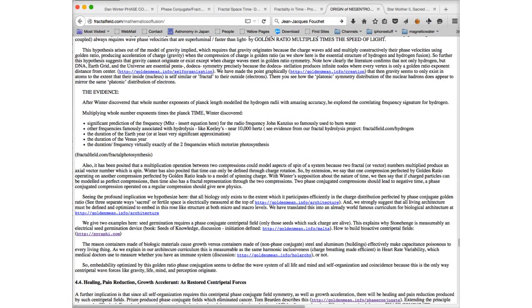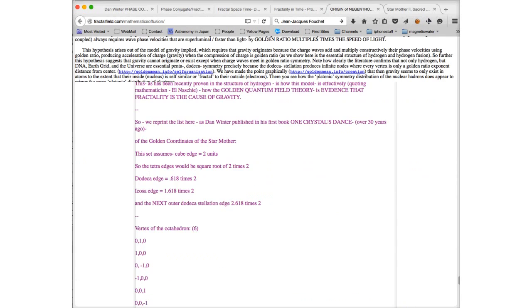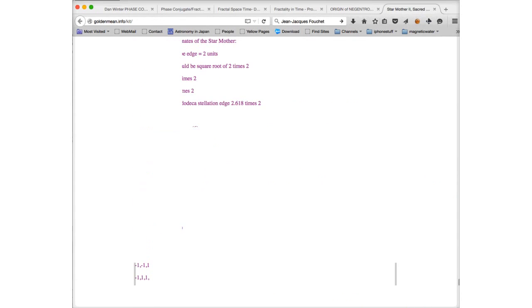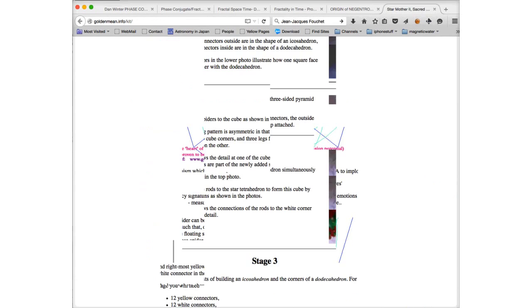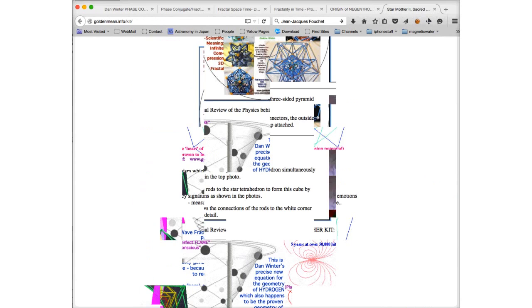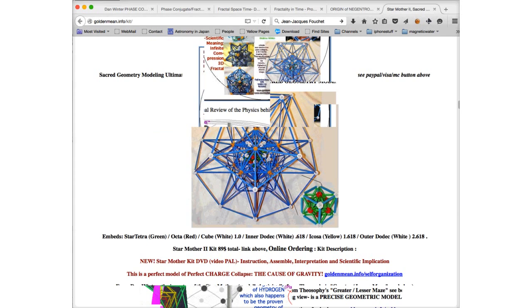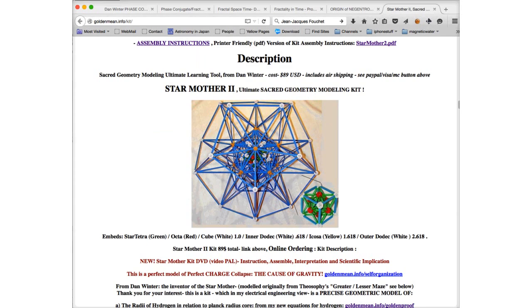So we then, by extrapolation, took a chart I did years ago here in this article on the Star Mother kit. This is our little Star Mother kit here, which we now believe is quite clearly a model of the radii of the electron shells of hydrogen.